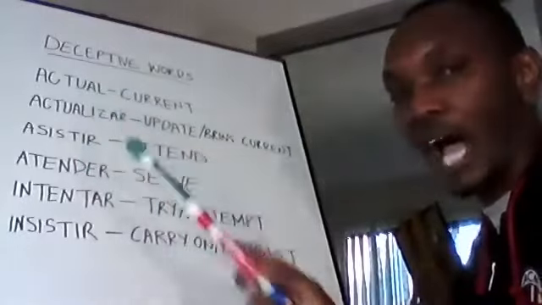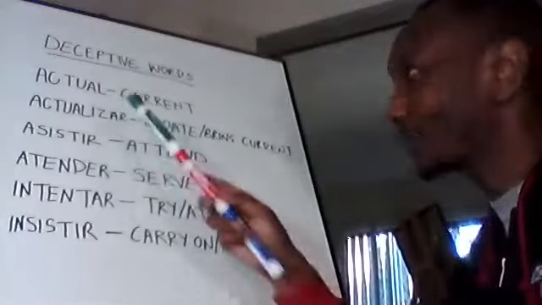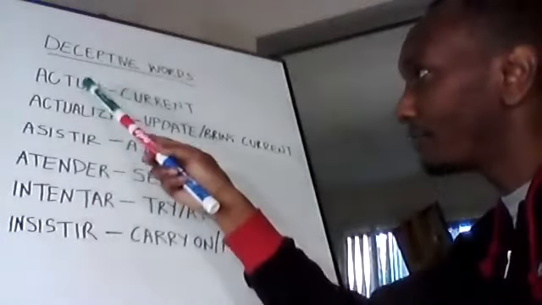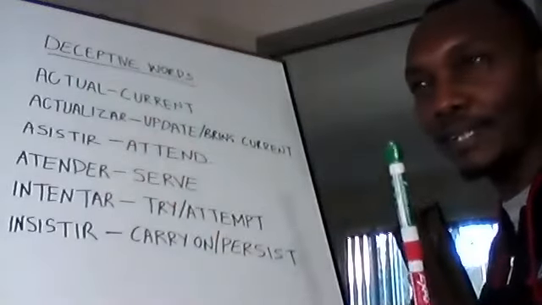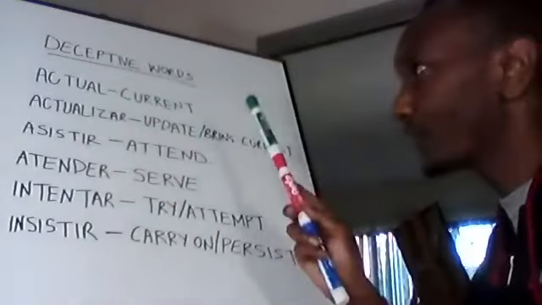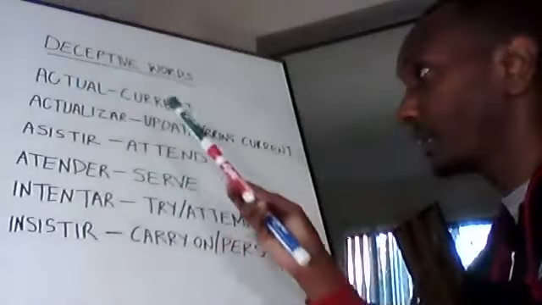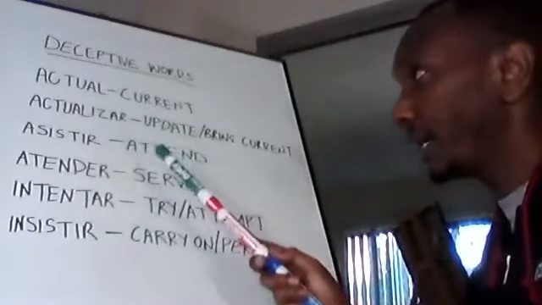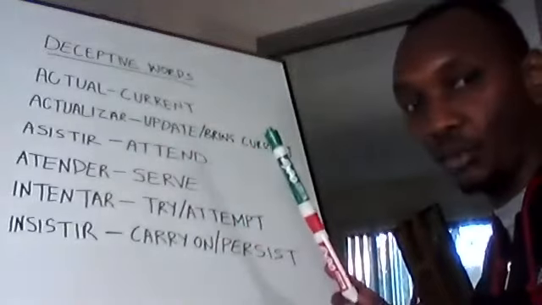In English, you would say actual, but in Spanish, it's pronounced actual. Now, you're probably thinking actual in English means real. You're thinking if you encountered the same word in Spanish, actual, it means the same.